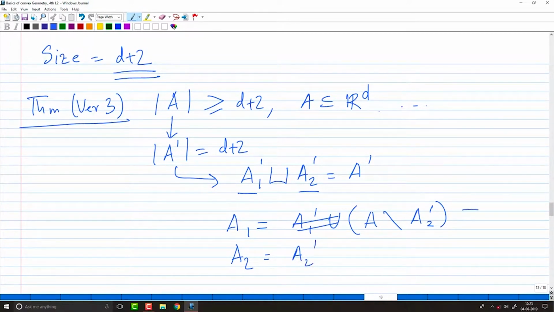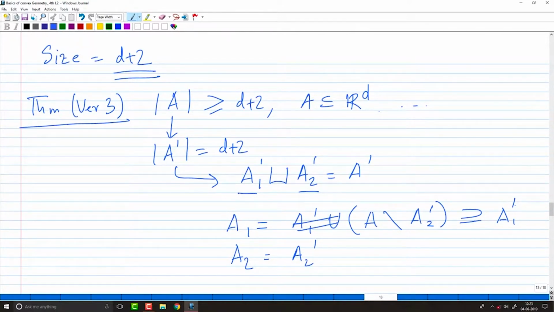This is a superset of A1 prime, right? So, convex hull satisfies an interesting, very easy thing to see, but again if you go by the definition of convex hull that I have given, there is a combination.